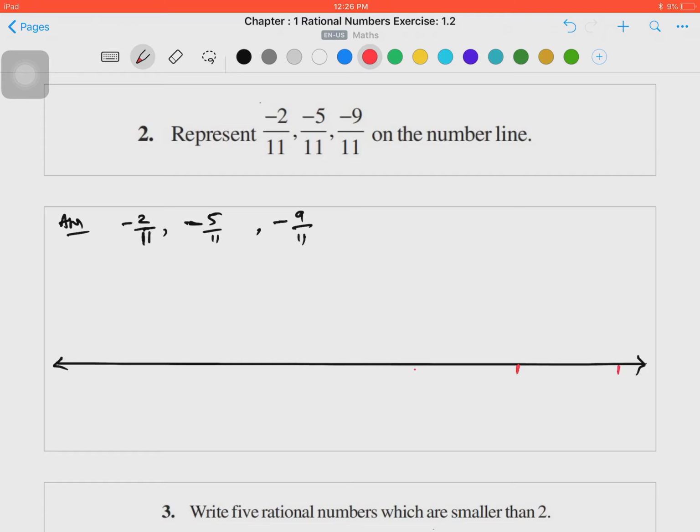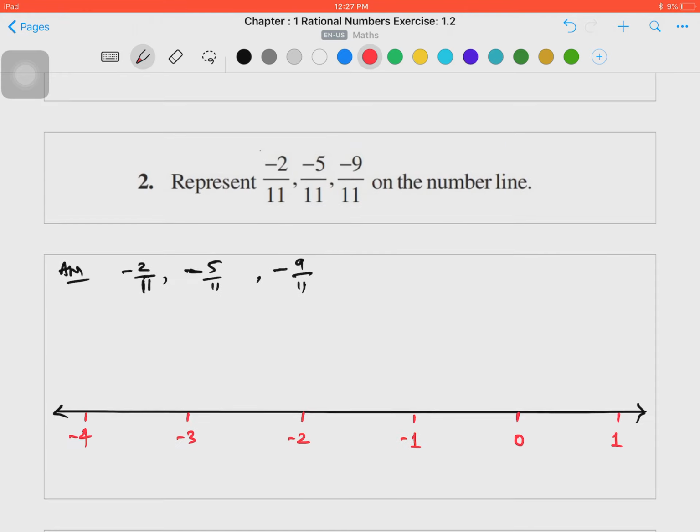Then we have plus 1 here, minus 1, minus 2, minus 3, minus 4. We have to divide the region between each number into 11 parts. In how many parts? 11.